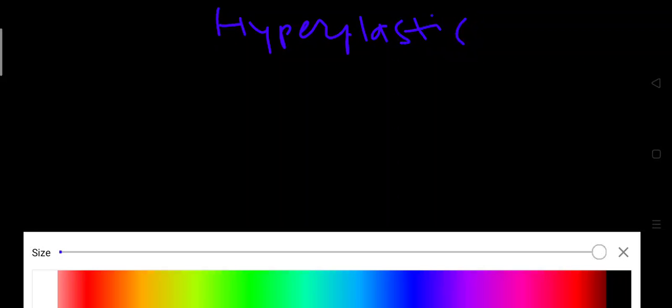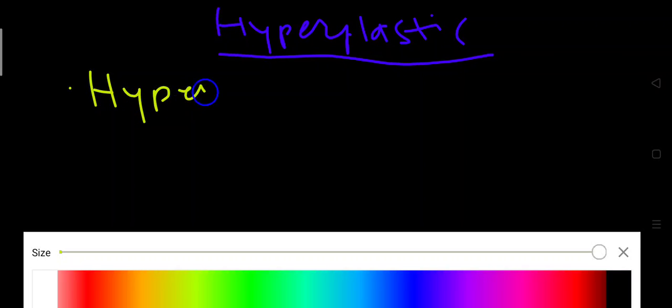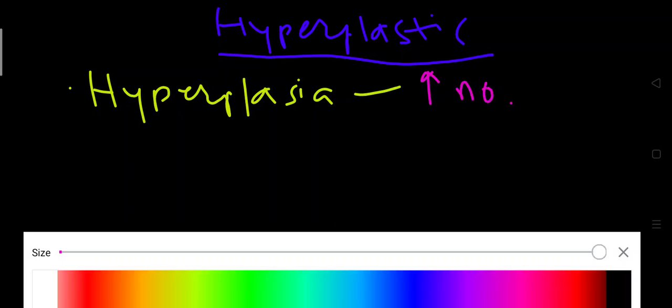As usual, we will start with the meaning of the term hyperplastic arteriosclerosis. Hyperplastic is derived from hyperplasia, and hyperplasia means increase in the number of cells.